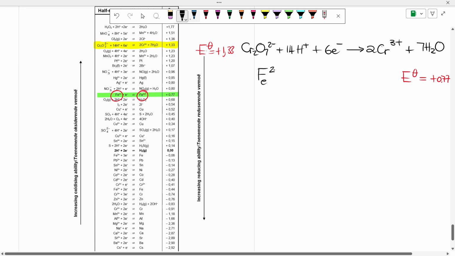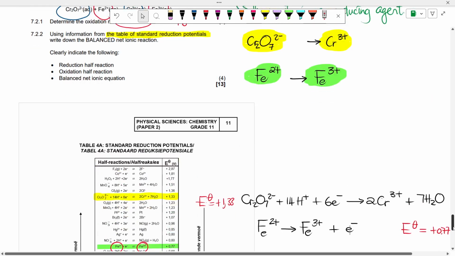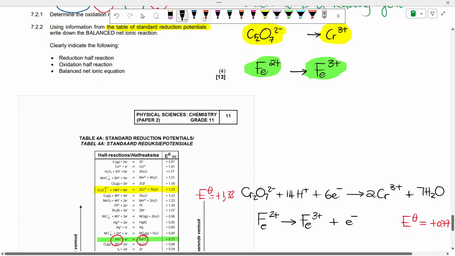Fe 2 plus becomes Fe 3 plus 1 electron. And once again, this is confirmed also by the question paper. You can see they have Fe2 plus as the reactant and Fe3 plus as the product, because that also agrees with the table.